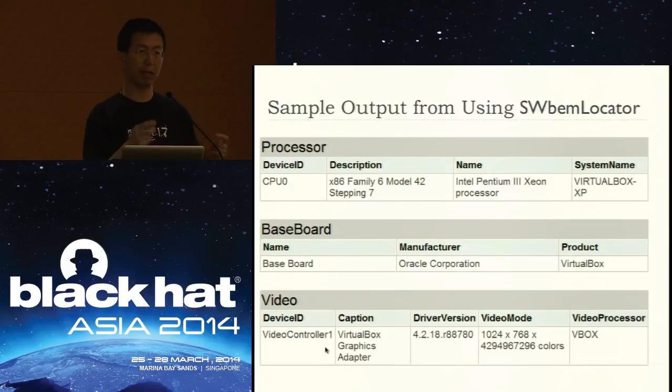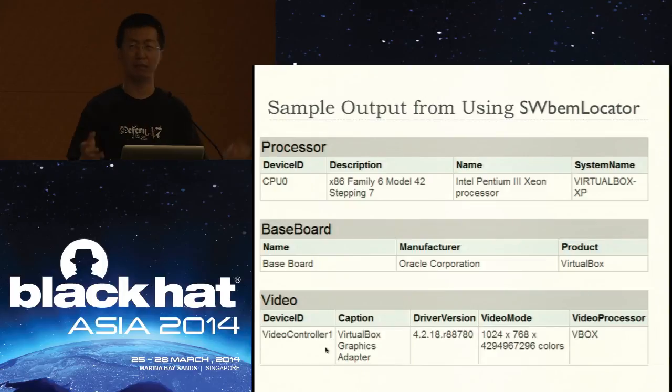We have the ActiveX embedded in a web page and send it to the remote side. If they run it, we're able to grab lots of information. For example, you can see the CPU ID, the type of board they have, and all the video and graphic display information.